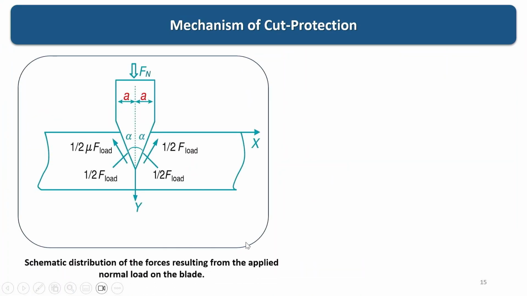Now, we see here, for any other material, not only for textile material, for any material, this is the schematic diagram for the force resulting from the applied normal load of the blade.